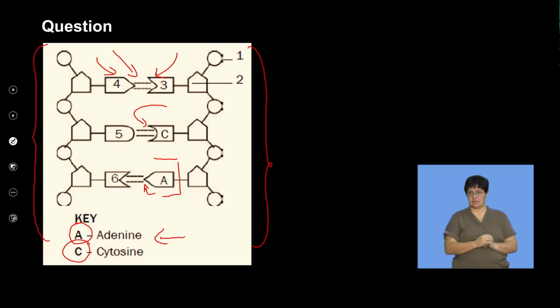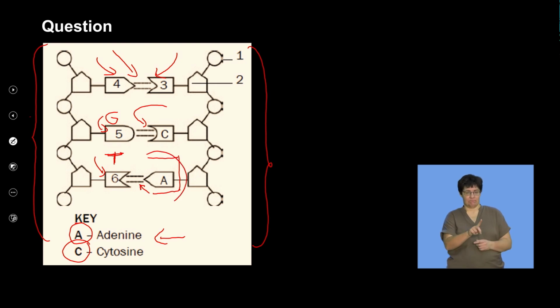So using our principles of complementary base pair, we know that adenine will always base pair with a thymine. So this complementary nitrogenous base on the other end is going to be a thymine. And likewise, cytosine base pairs with guanine, and hence that number 5 is going to be a guanine base. So guys, using the shape of A, we can use that to help us figure out what the base for number 4 and 3 are.